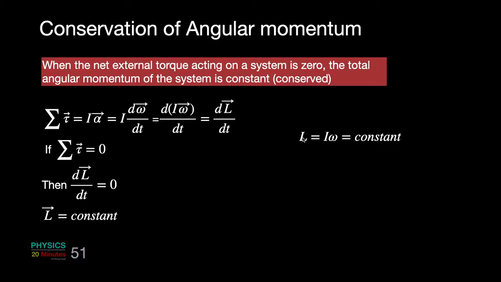In magnitude, I can write L is equal to I omega, but since it is constant, any change in I from I1 to I2 will also include a change in omega from omega 1 to omega 2 so that the product remains constant.